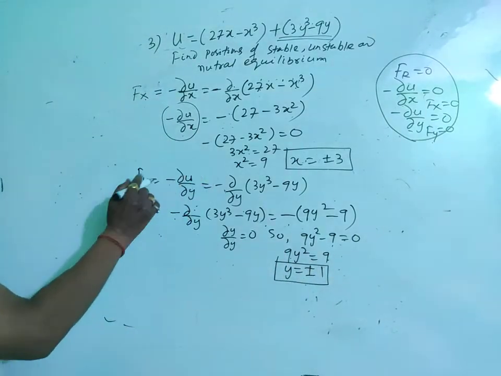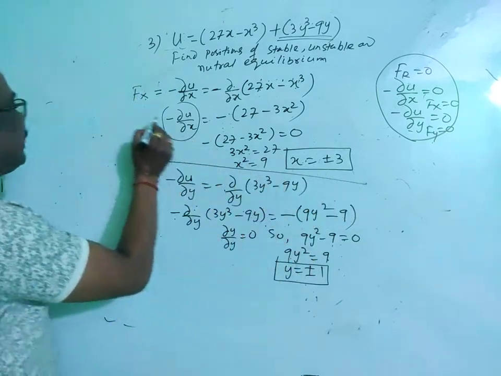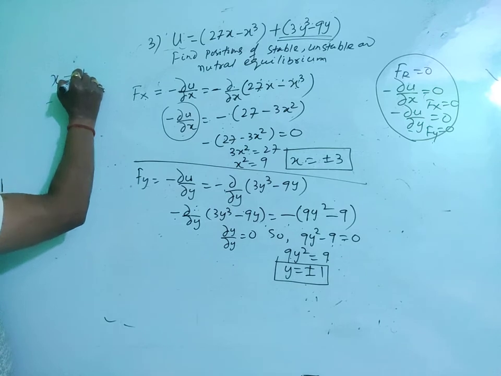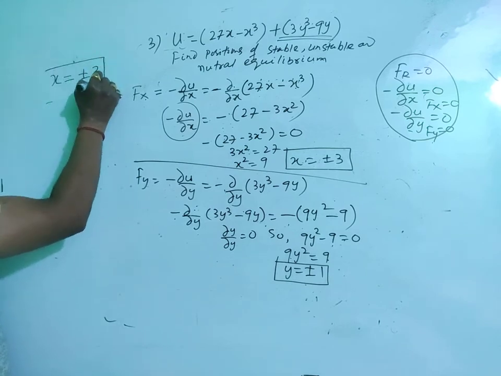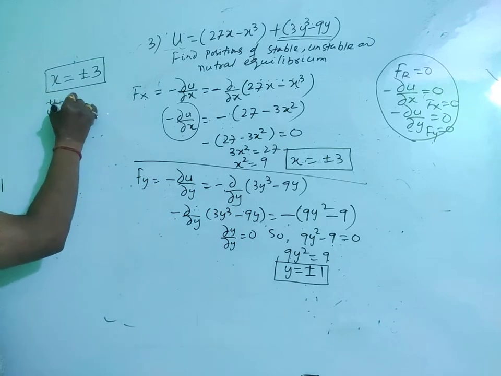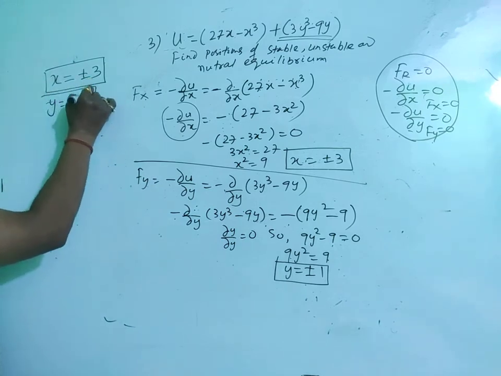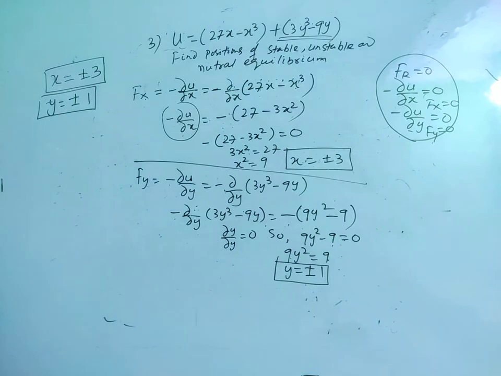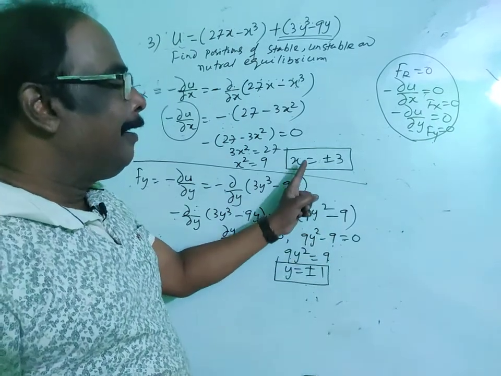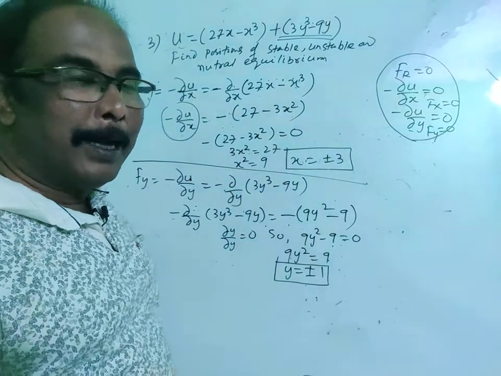What we got from our analysis: in the x direction, the position of equilibrium is x equal to plus minus 3, and in the y direction, y is equal to plus minus 1.